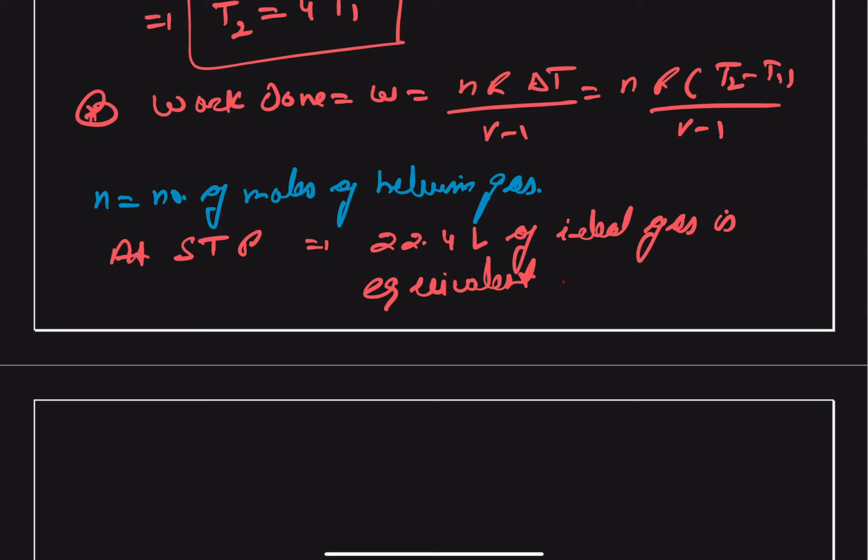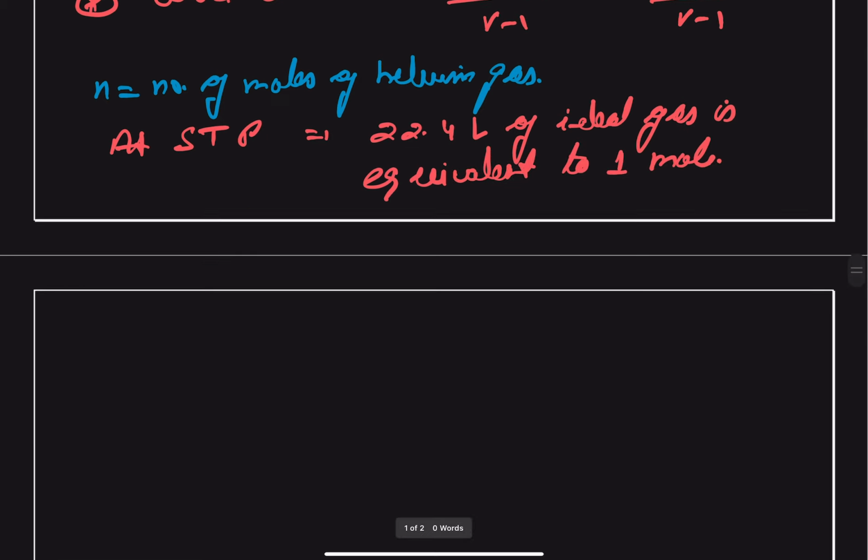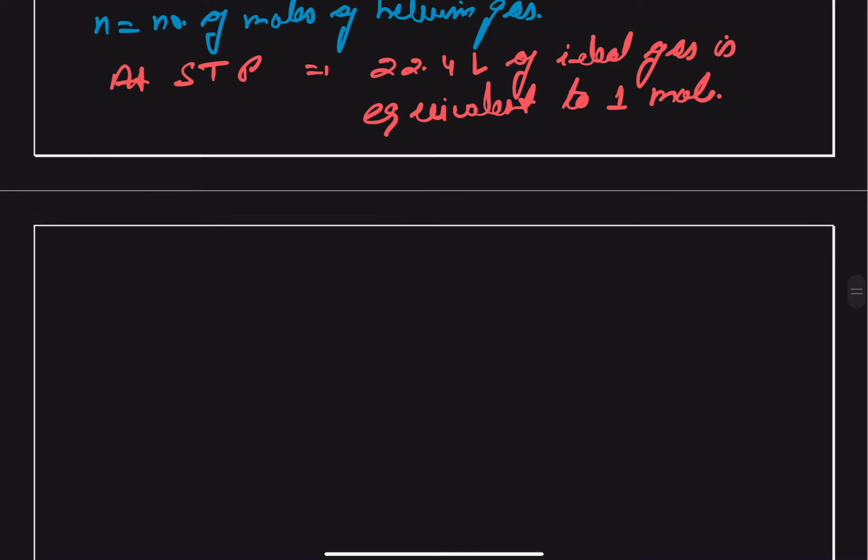So the value of n will be equal to V1 divided by 22.4, and V1 is given as 5.6. Divided by 22.4, this comes as 1 by 4 moles.